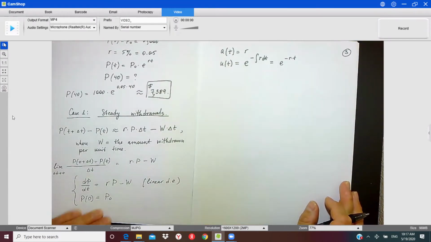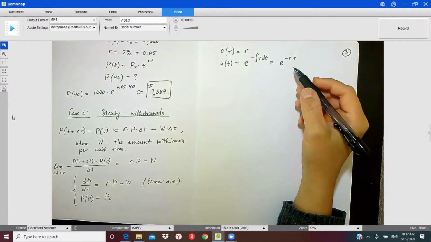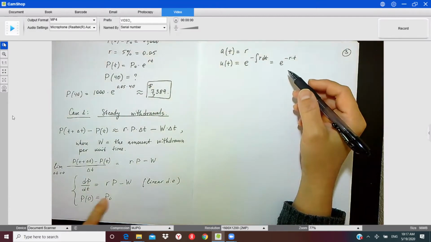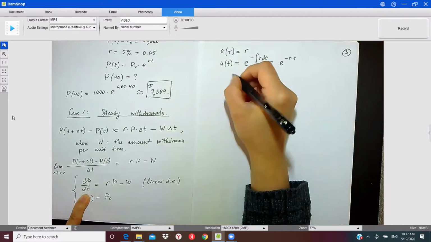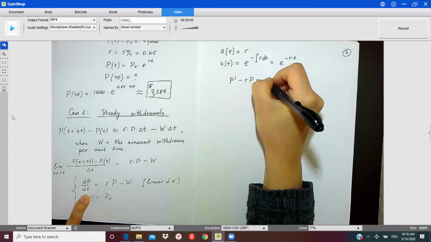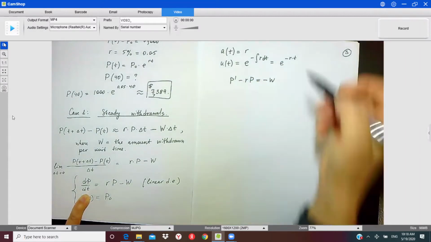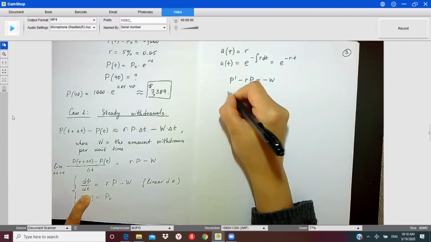Thank you. So I'm going to multiply both sides of this differential equation by the integrating factor. However, first we should move rp to the left-hand side. So let me start by writing p prime minus rp equals negative w. So multiply both sides by this integrating factor.